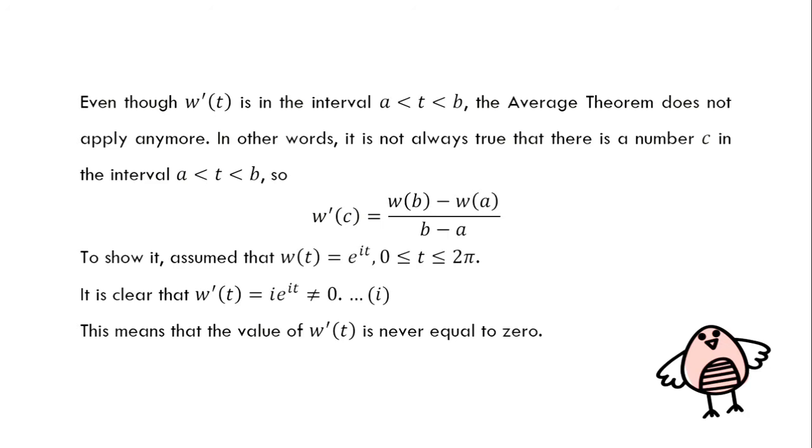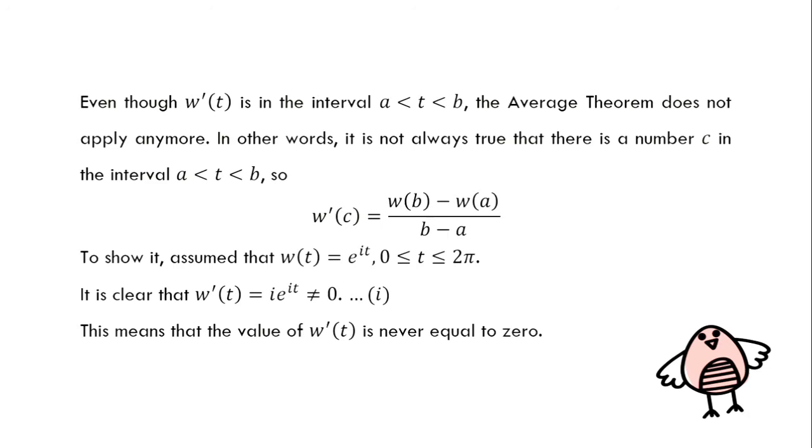To show it, assume that w(t) equals exp(it) for 0 less than or equal to t less than or equal to 2π. It is clear that w'(t) equals i exp(it), which is not equal to 0.